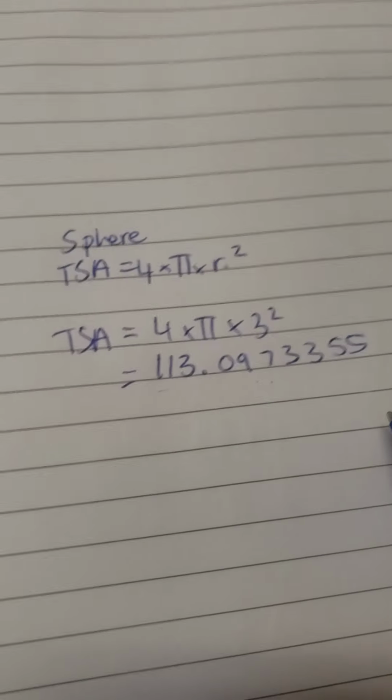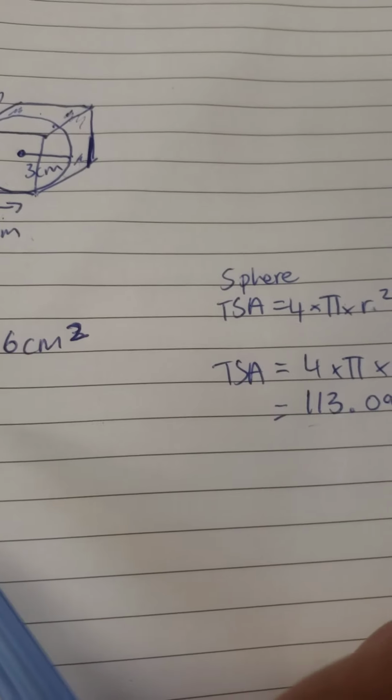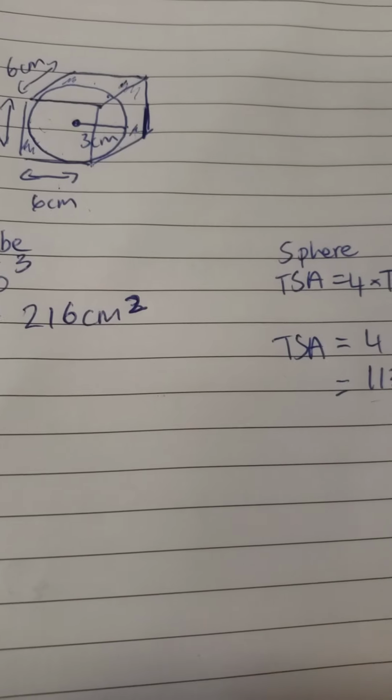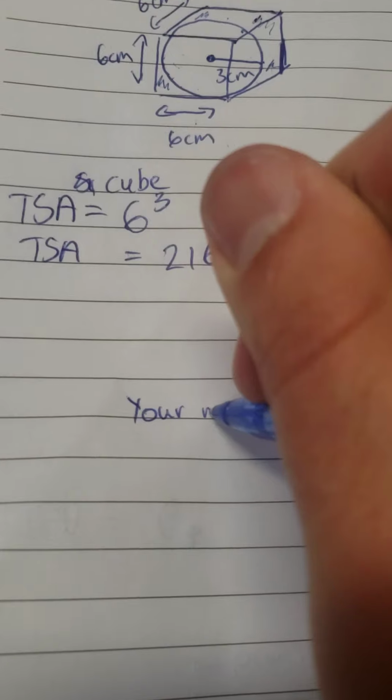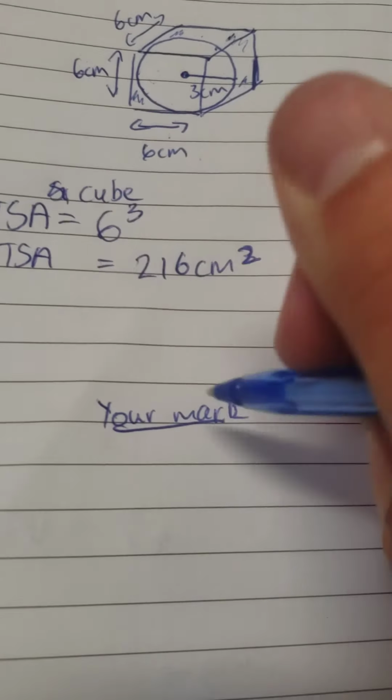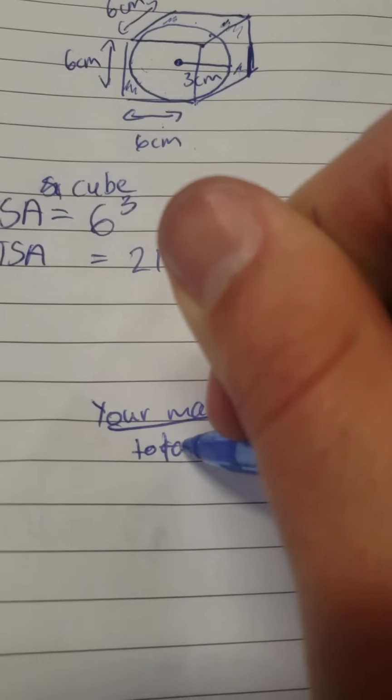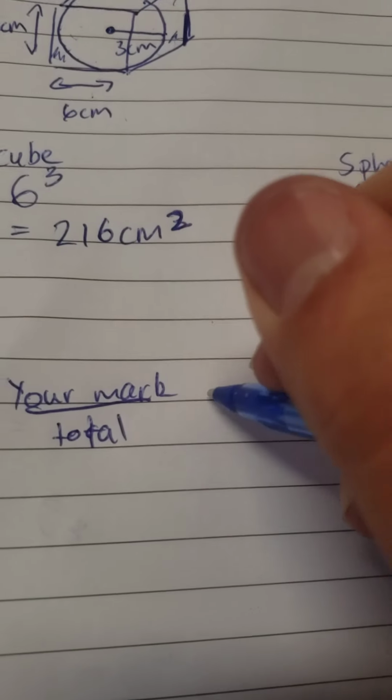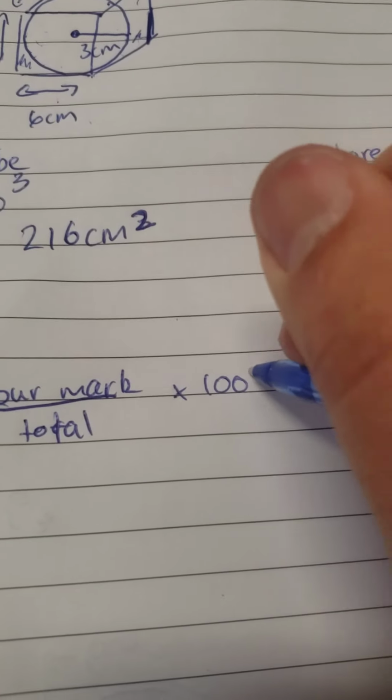We know that it's less. If you're finding the percentage of something, like your test mark, you divide it by the total amount of marks that you could have got, and times by 100%.